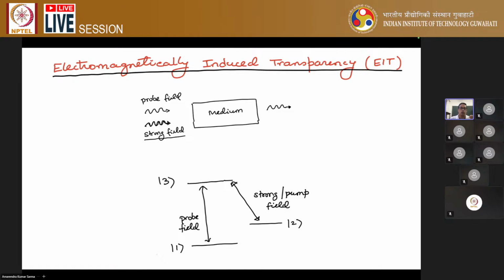This phenomenon is so peculiar that in the presence of a strong pump field, the probe field can pass through the medium without getting absorbed, right? That means it can get transmitted, and this is why it is called electromagnetically induced transparency, and this induction of the transparency is done by the presence of the strong pump.